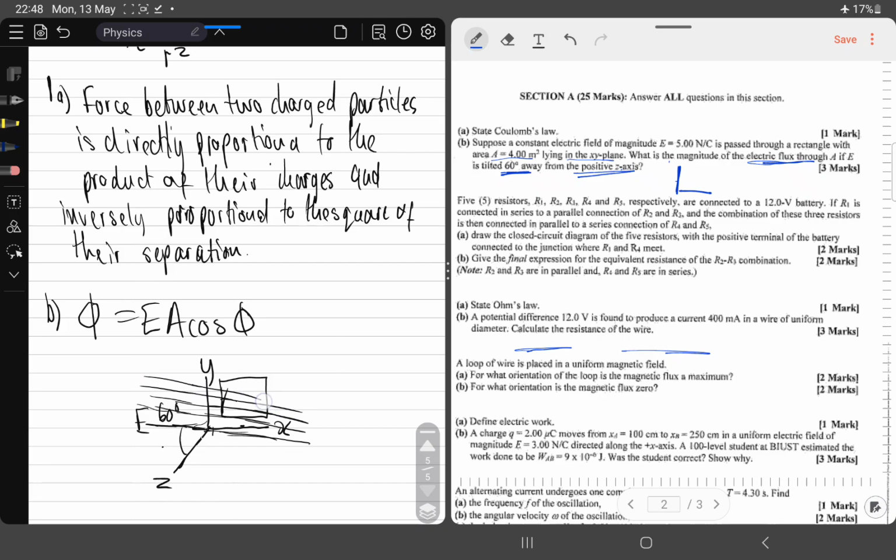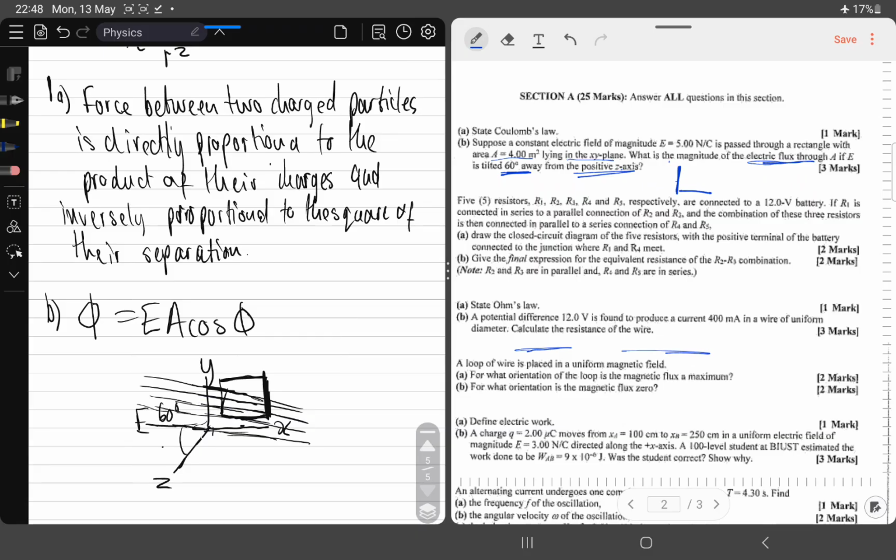It is going in at an angle of 60 degrees. If it was right along Z, it would come straight in and go out. But here it is coming at an angle. So you should show your lines going in like that. They're going in.